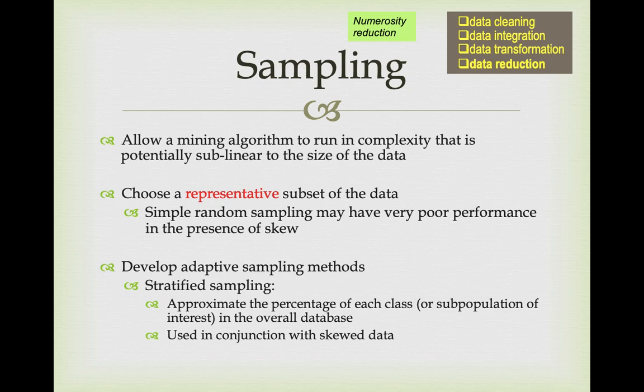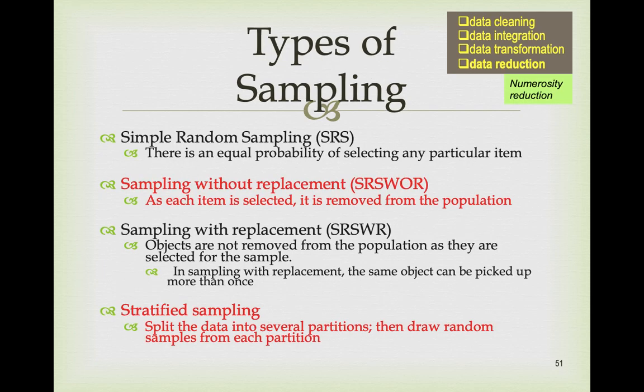We can have stratified sampling, which approximates the percentage of each class or subpopulation of interest in the overall database. It is used in conjunction with skewed data.